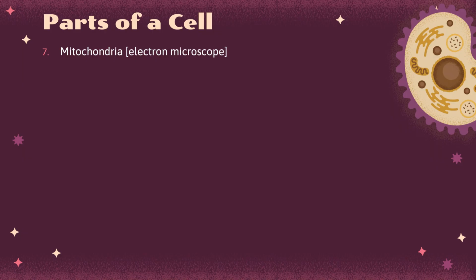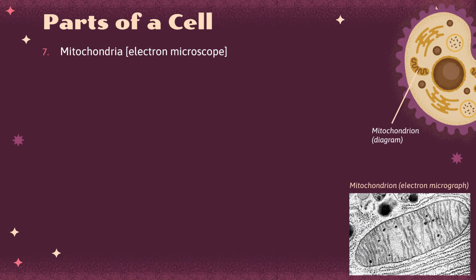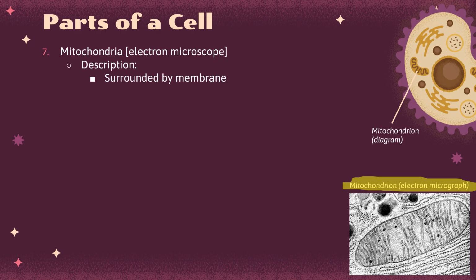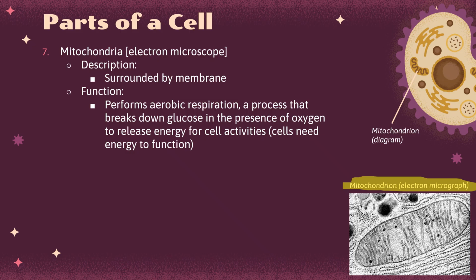So let's move on to the mitochondria now. Now the mitochondria is shown in this diagram. You can see that it looks somewhat alike to the chloroplast, but it is not a chloroplast. Please learn how to differentiate them. A mitochondria is membrane bound. Its function is to perform aerobic respiration. This is a process that is able to break down glucose in a cell in the presence of oxygen.